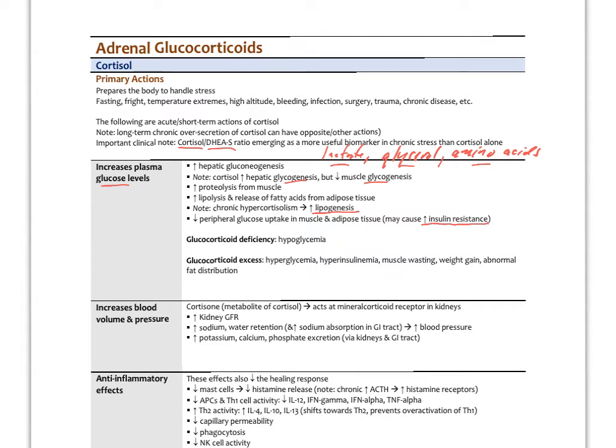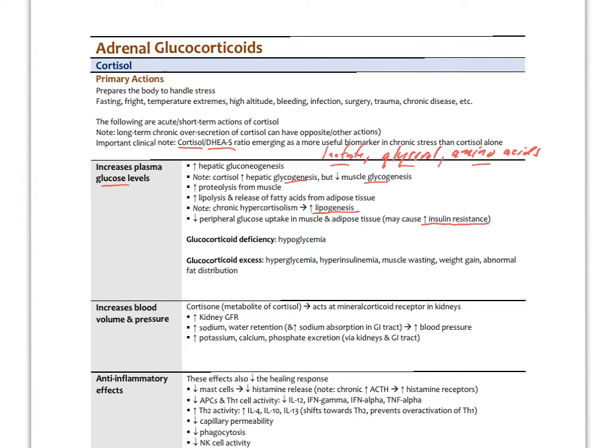So hypercortisolism states chronically, and this would be Cushing's syndrome, are very similar to metabolic syndrome. Remember, metabolic syndrome really is insulin resistance, dysglycemia, with hypertension, with abdominal obesity, and with dyslipidemia, especially having low HDL, the good cholesterol, and high triglycerides.